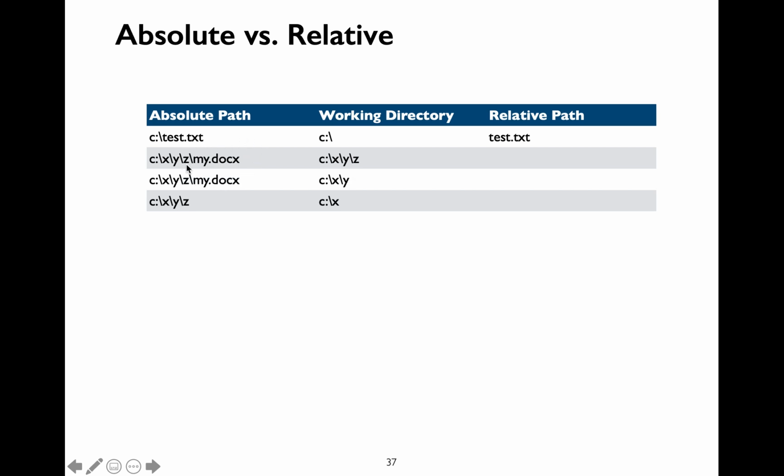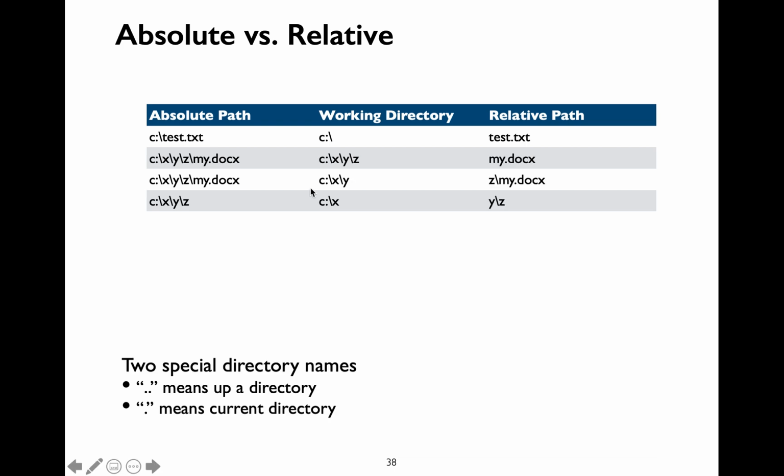You can simply say my.docx in that case. What would happen if you were inside X directory and Y directory and you want to access z/my.docx? You'll have to say the relative path is z slash my.docx.